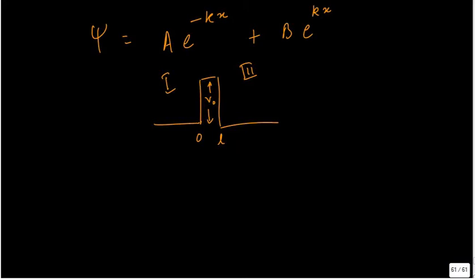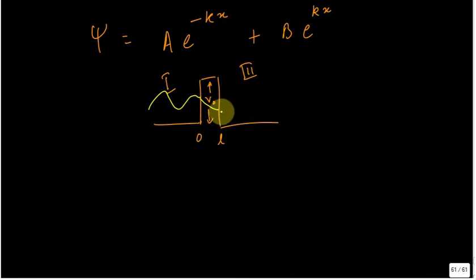Now, what's going to happen over here is that you have the incoming wave, and then an exponential decay in this region. So I'll have an exponential decay over here, and I know how much the decay would be, e to the power minus kx.